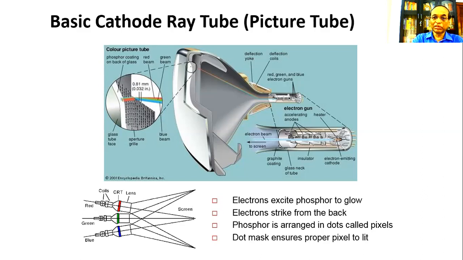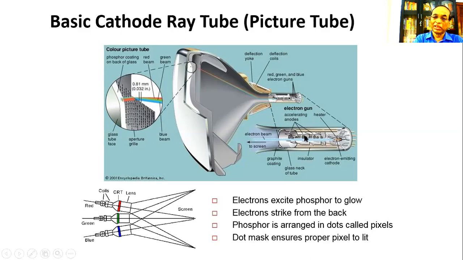The internal construction is shown in the figure. The electron gun side is the very narrow part of the tube. There is the electron gun, and then the electrical focusing and also magnetic focusing. This is the deflection coil, the magnetic type of system, and there is the mechanism for making a fine beam.